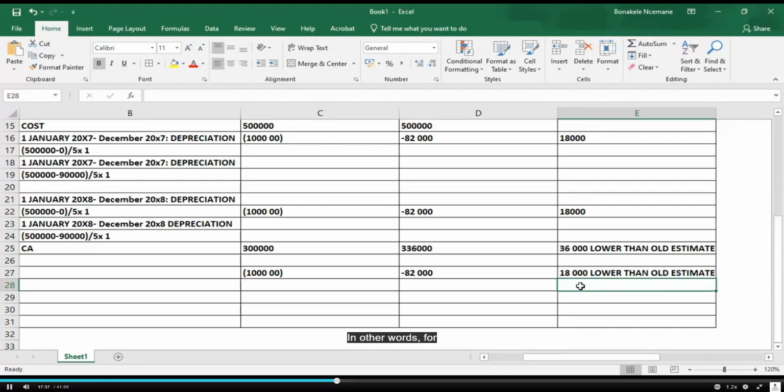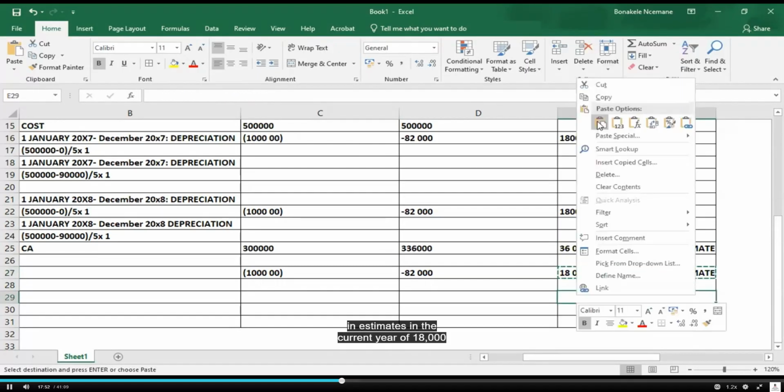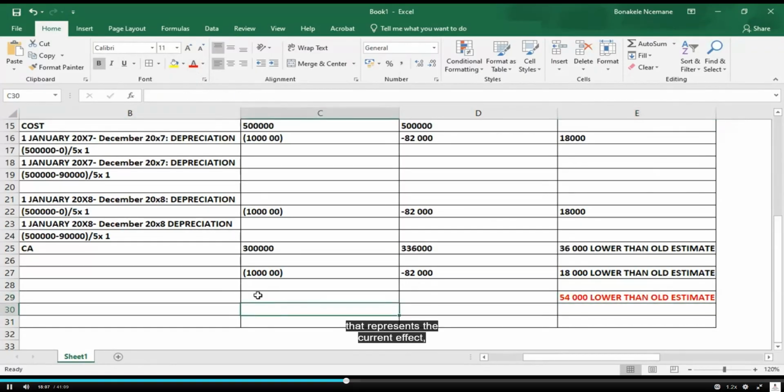In other words, for this period, you're going to add the effect of the change in estimate in the previous periods of 36,000 plus the effects of the change in estimates in the current year of 18,000, resulting in a sum of 54,000. Now, that represents the current effect.